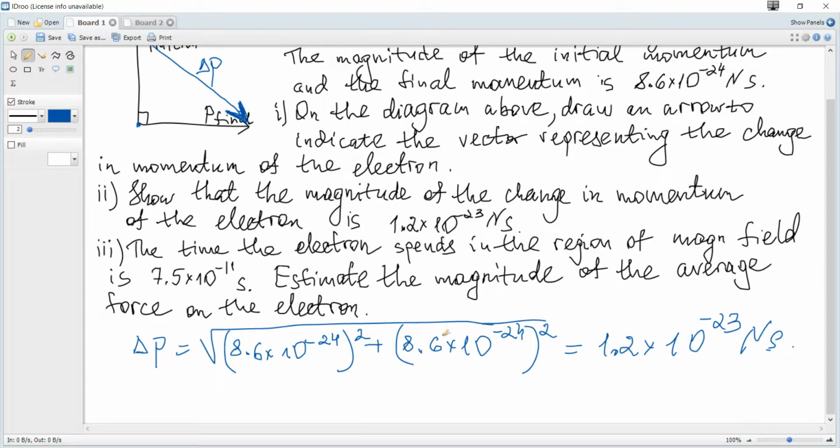The time the electron spends in the region of the magnetic field is given. Estimate the magnitude of the average force on the electron.